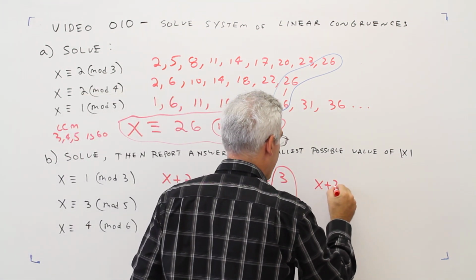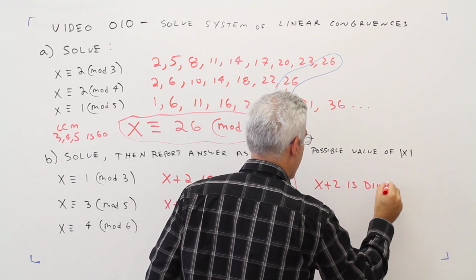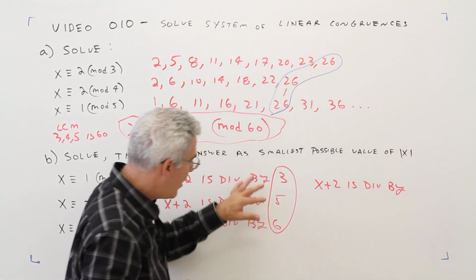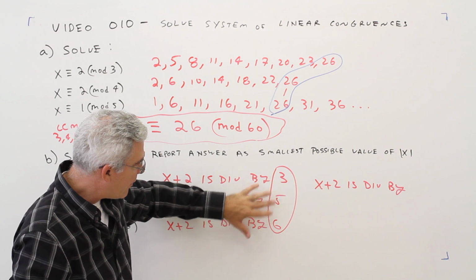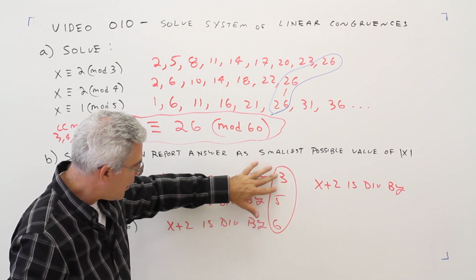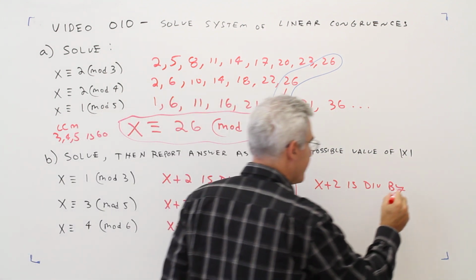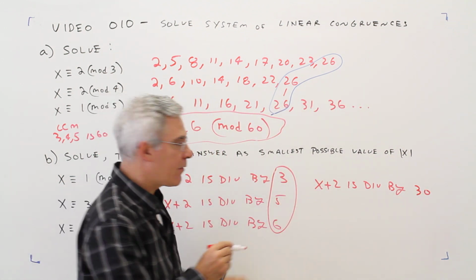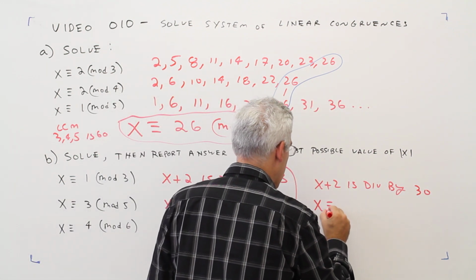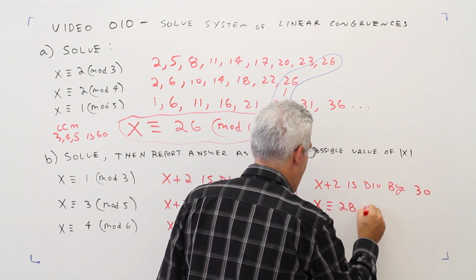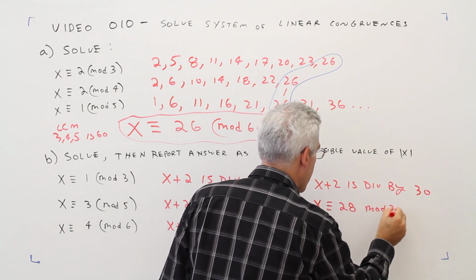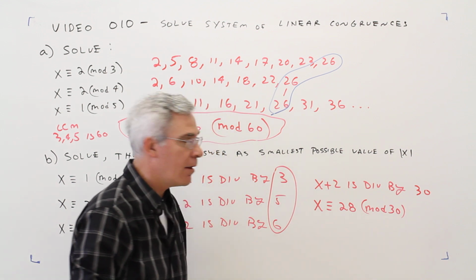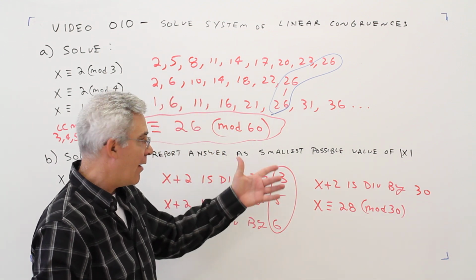So x plus 2 is divisible by the LCM of 3, 5, and 6, which is 30. So that means x is congruent to 28 mod 30. However, that's not what they wanted.